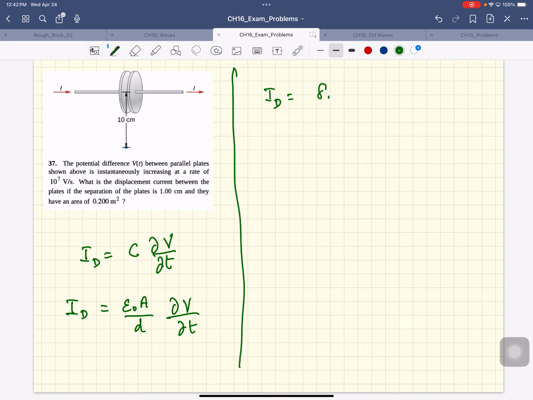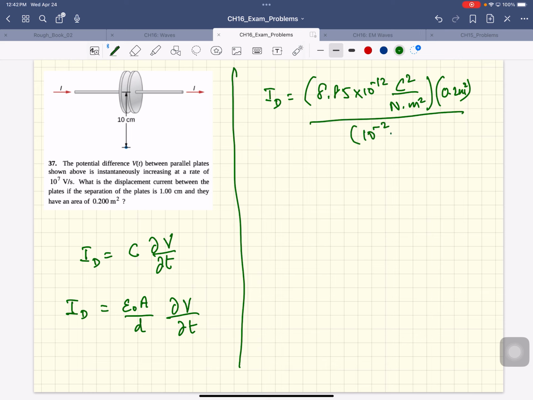Epsilon naught is 8.85 times 10 to the minus 12. What are the units? Coulomb squared per Newton meter squared. Area is 0.2 meters squared. Distance is 1 centimeter, which is 10 to the minus 2 meters. And del V by del t is 10 to the 7 volts per second.